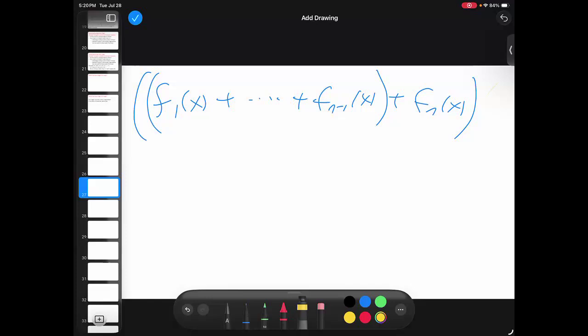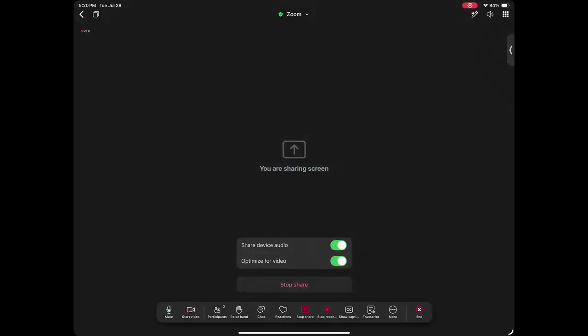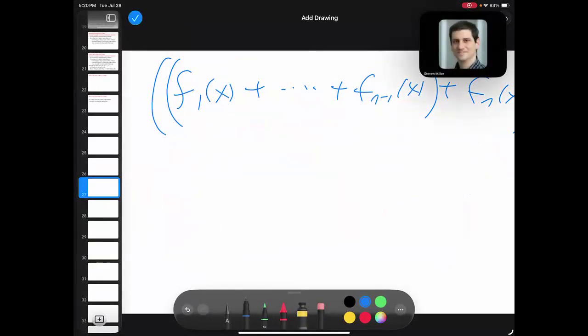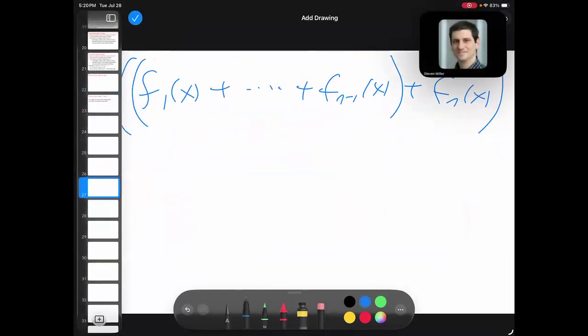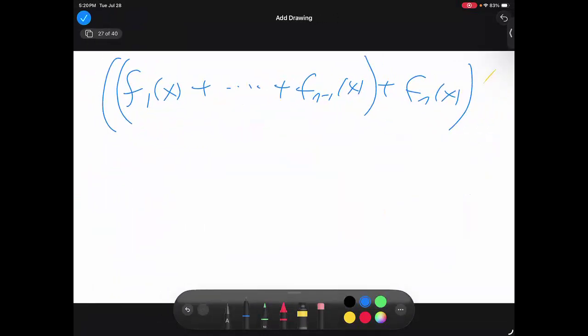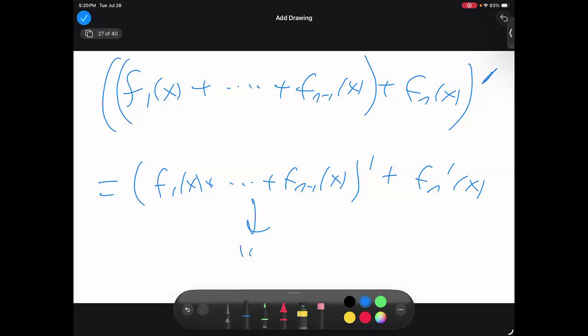So if I take the derivative of this, it equals f1'(x) plus dot dot dot plus f_{n-1}'(x) plus f_n'(x). And now you just continue by induction. By induction, you know that the derivative of that is the sum of the derivatives.